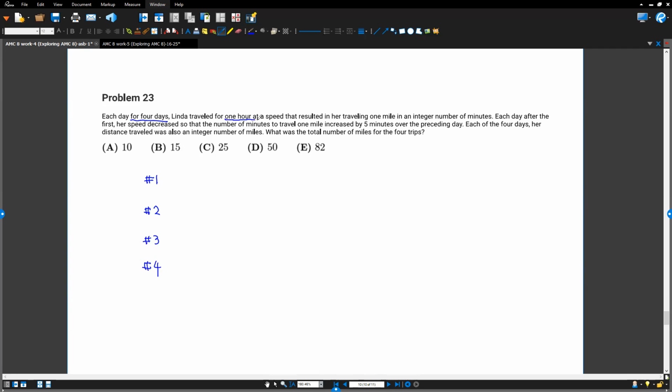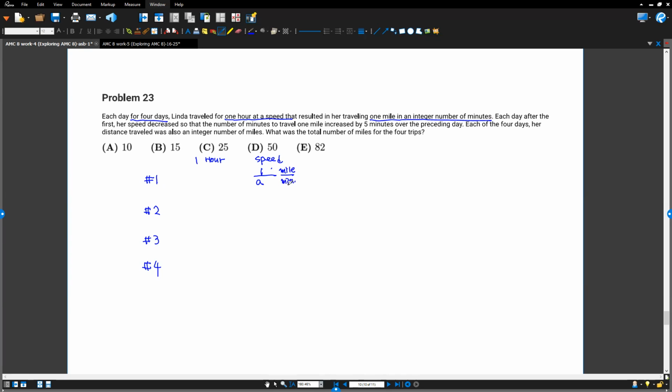They traveled 1 hour each day, but the speed is different. Speed is 1 mile per integer number of minutes. Say the number of minutes is 8 minutes. So speed is 1 mile per minute, I mean 1 mile per 8 minutes.